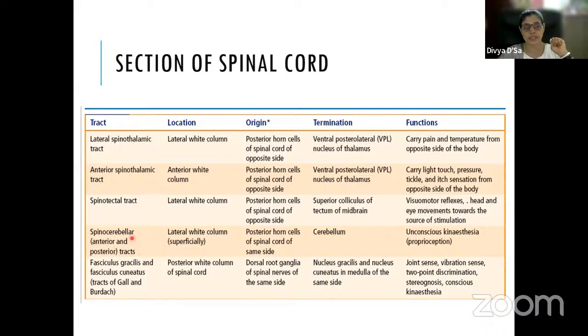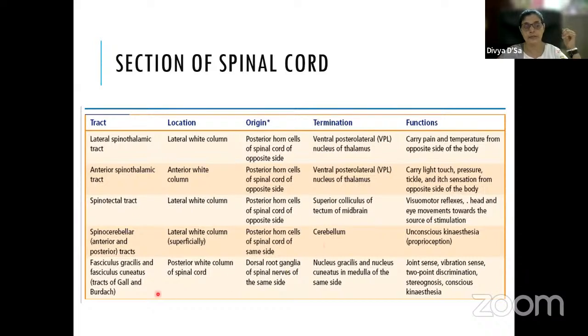Then we have the spinocerebellar tracts, anterior and posterior, in the lateral white column. They originate in the posterior horn of the spinal cord on the same side and end in the cerebellum. They carry unconscious kinesthesia, that is, proprioceptive sensations.